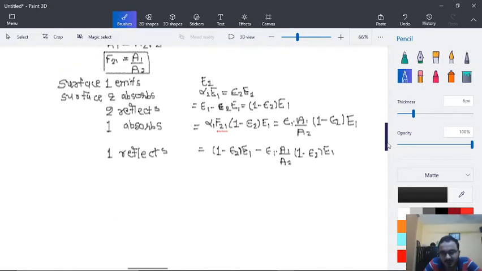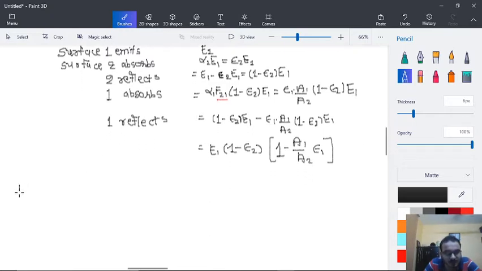So finally what we are getting here is equal to E1 into 1 minus epsilon 2 into the bracket 1 minus A1 by A2 into epsilon 1. So this is the value that surface 1 reflects.